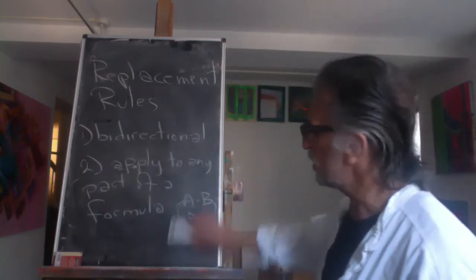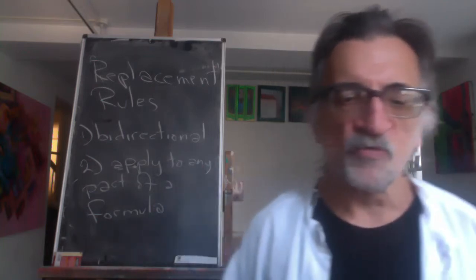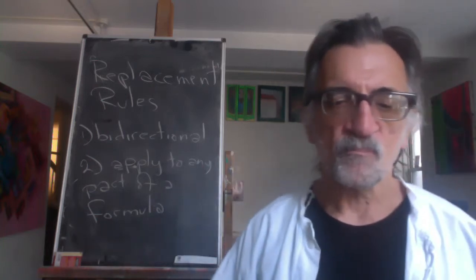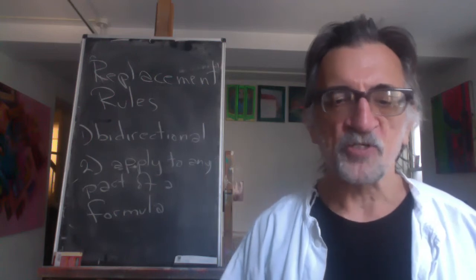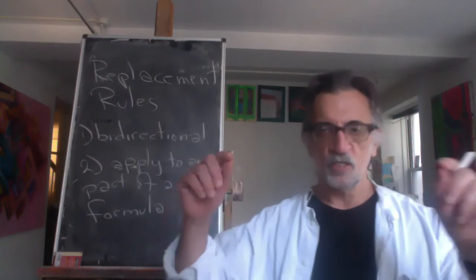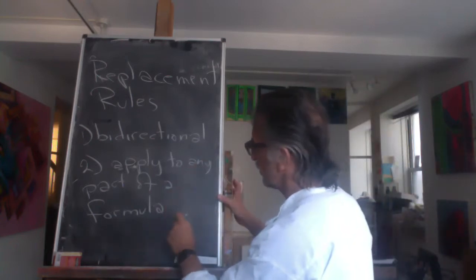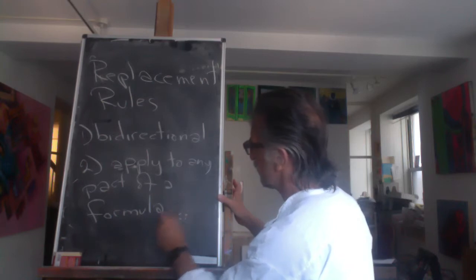By contrast, the replacement rules are bidirectional. They're like double-edged rules of inference. They're written, for example, with these four dots.